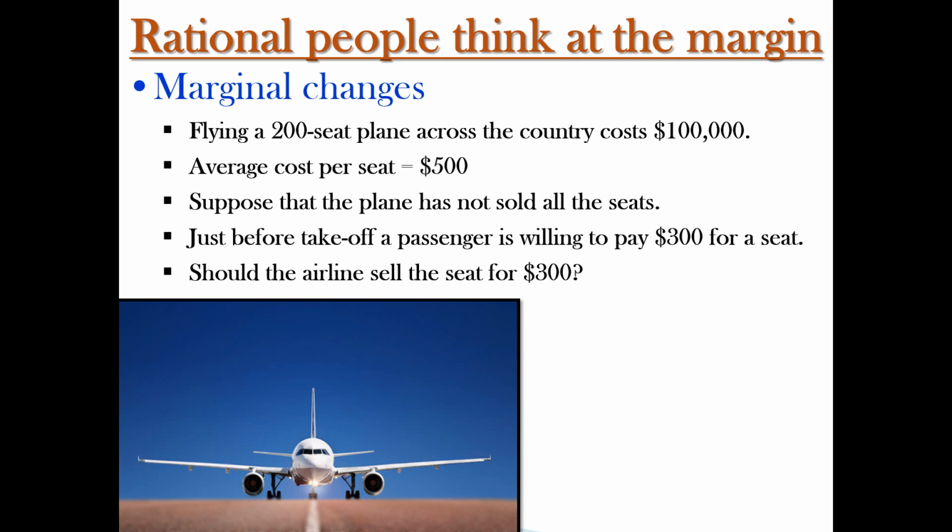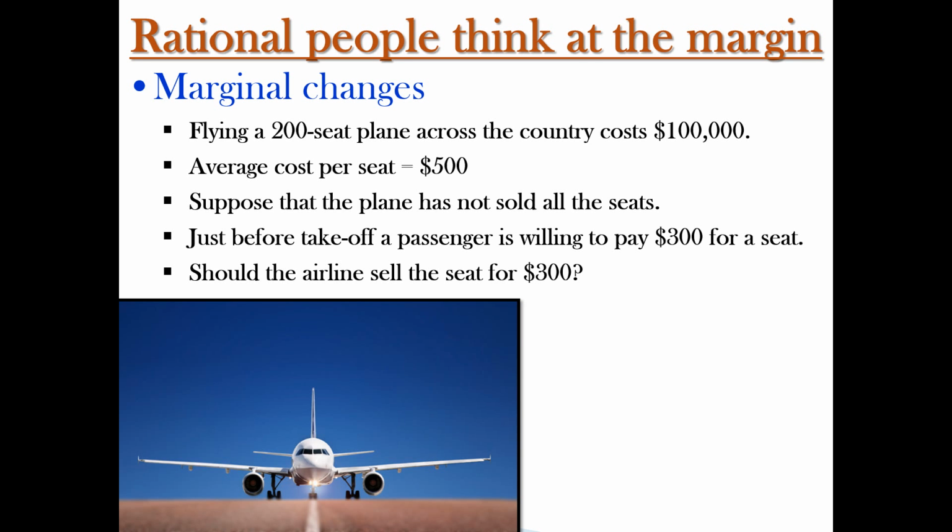Almost nothing, right? There would be a little bit of extra luggage and weight, which would probably cause them to use a little bit of extra fuel, but only marginally. They might have to use some extra bags of peanuts and pretzels and maybe an extra drink. But we're talking almost nothing, right? The marginal cost is almost zero, versus what's the extra benefit of selling this ticket?